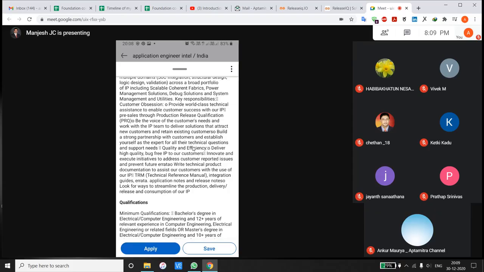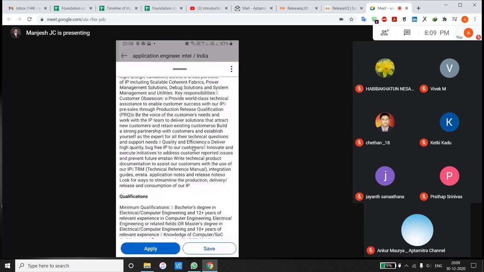The prerequisites are understanding the technology at a high level, not necessarily going deep down. Second, you need to have good communication skills, meaning you should be very vocal in meetings. You should start arranging meetings with customers. You will get a lot of opportunities to travel around the globe.